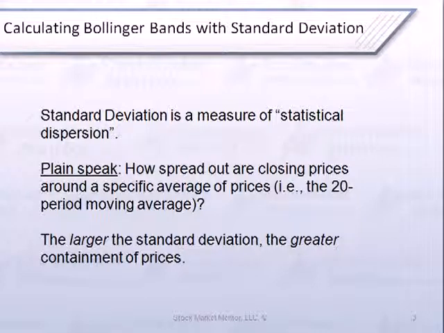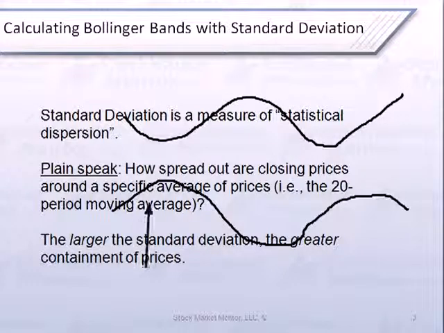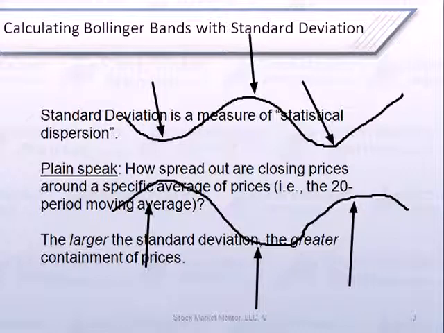Or put another way, these Bollinger Bands are dynamic. They spread out. They get narrow. That's called a volatility squeeze. They get wide. That's called a volatility expansion. Narrow again. And so why do they do this? Because they adapt to the prices. If prices are all over the place, then the Bollinger Bands widen out, because they've got to contain those prices.